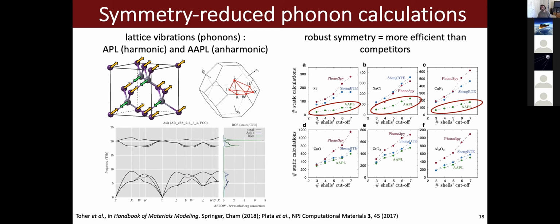And part of the reason for that is because we're using symmetry very effectively to determine the unique distortions. And so we're able to reduce the cost of simulations, and there's a lot of techniques that we're using with symmetry and other techniques that are also being employed within the phonon package. And so we can actually see that with something like AFLOW-SYM and APL, you can model these with a reduced computational cost.